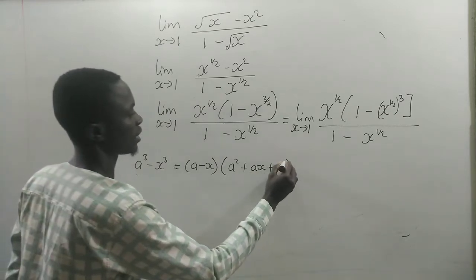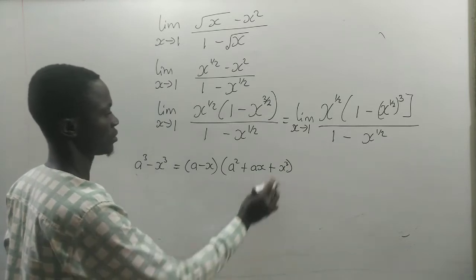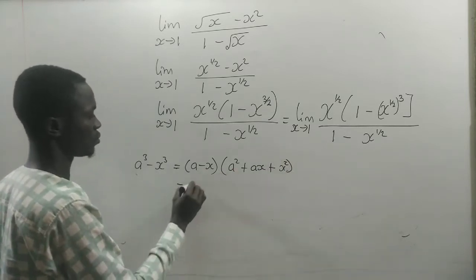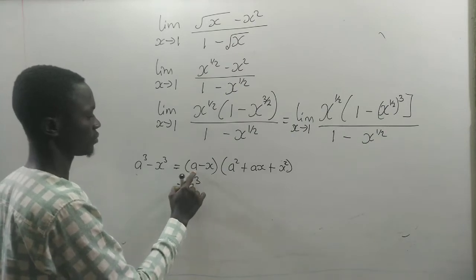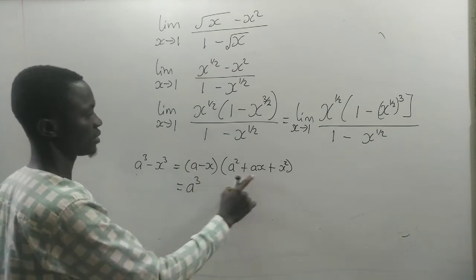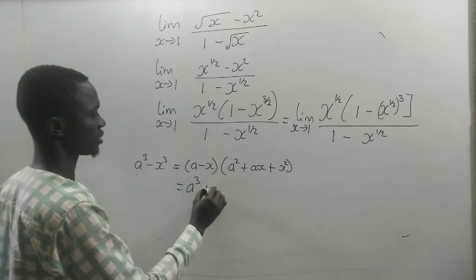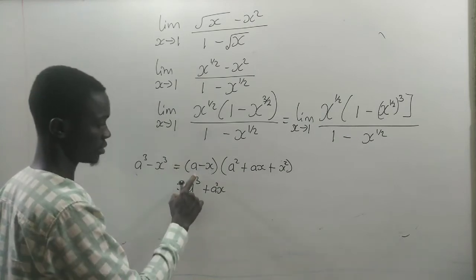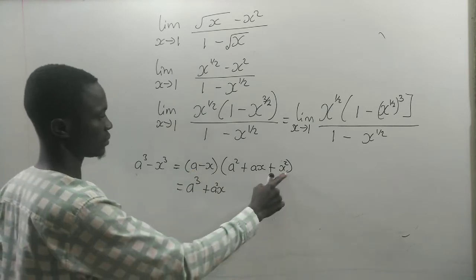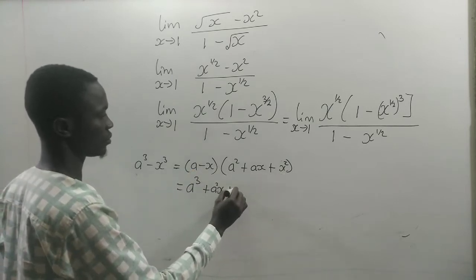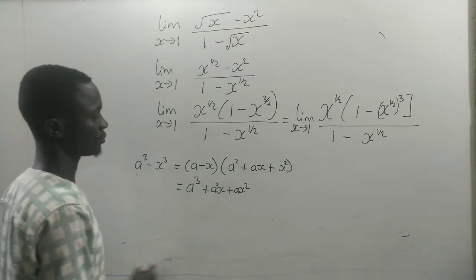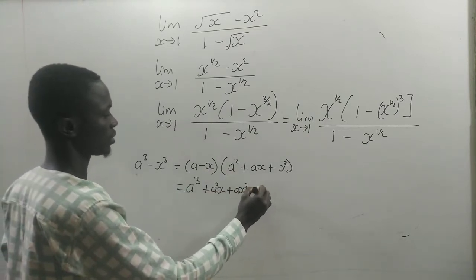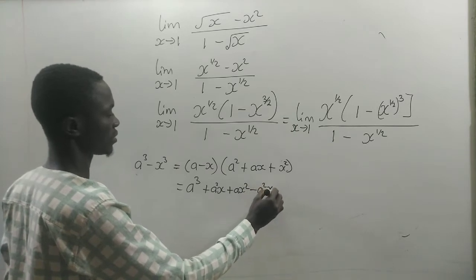Yeah, x cube rather. A times a will give us a cube. A times ax will give us plus a squared x. Then a times this will give us plus ax squared. This times this will give us minus a squared x.